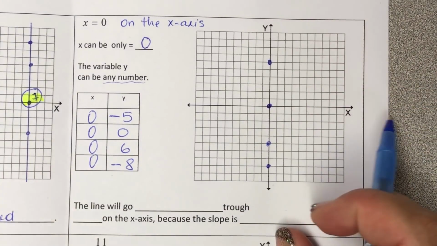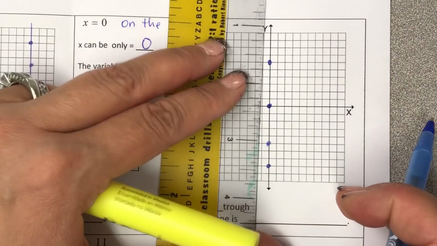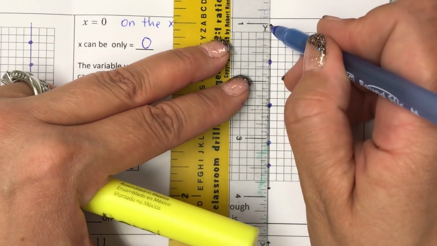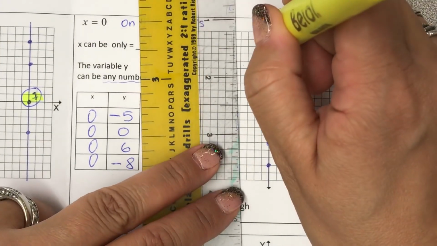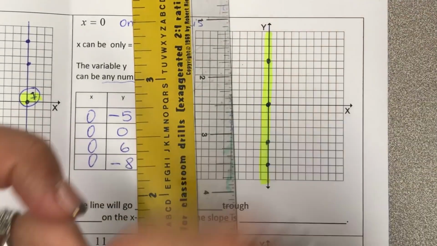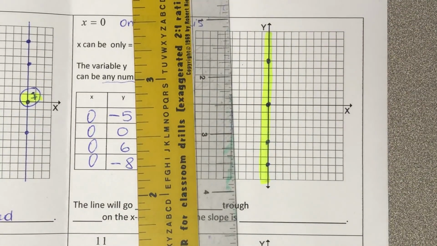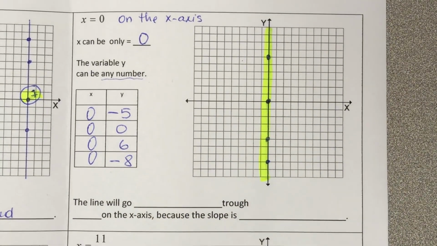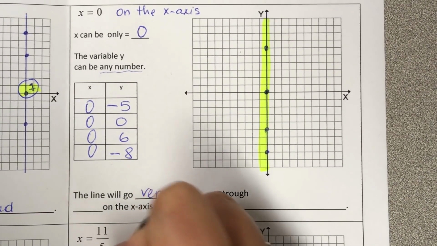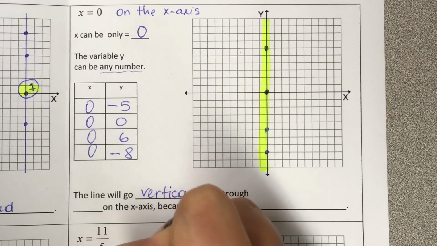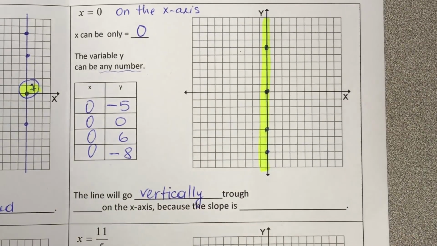All those points are lined up vertically, and it is an exact overlap with the y-axis. So the line goes through 0 vertically with undefined slope.